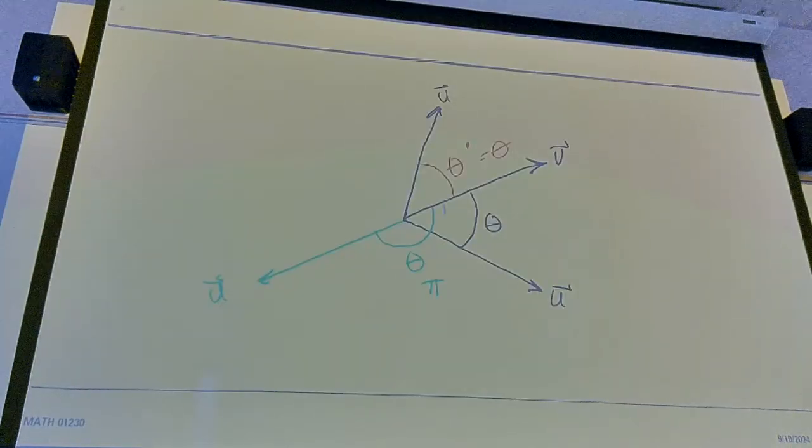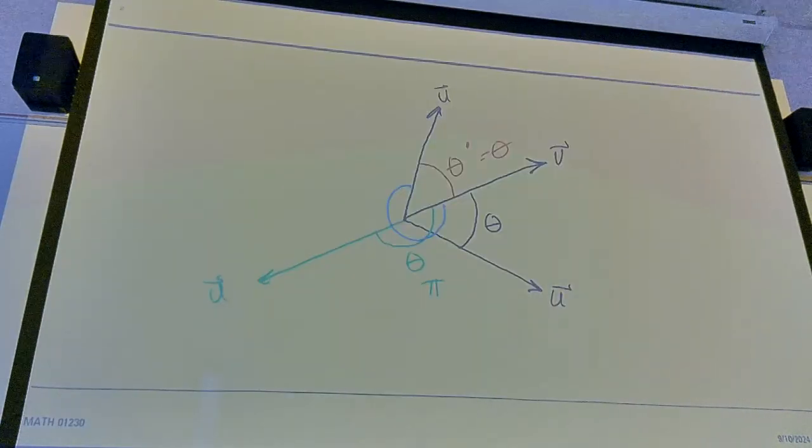You wouldn't measure it to be that. So the largest angle you can get would be pi radians, which would be, they are parallel in opposite directions. 0 would be they're the same direction, parallel in the same direction.